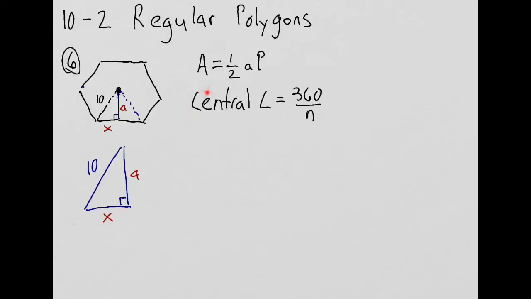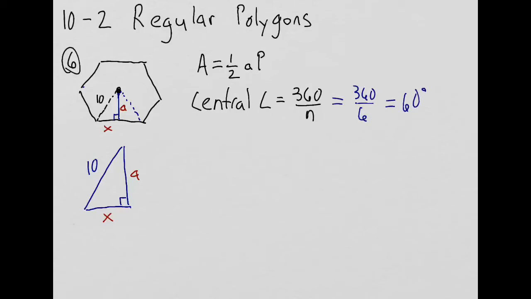Remember, that big triangle that's defined by this central angle is going to be equal to 360 degrees divided by the number of sides. How many sides do we have? We have 6. So the central angle in this case is 360 divided by 6, or 60 degrees.